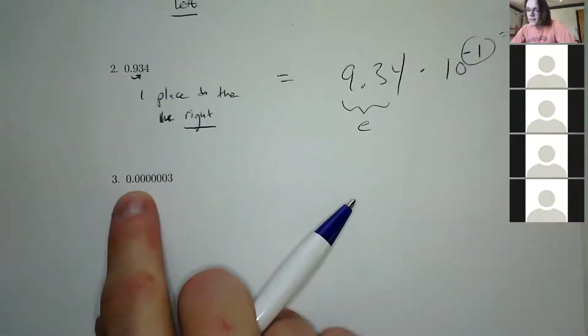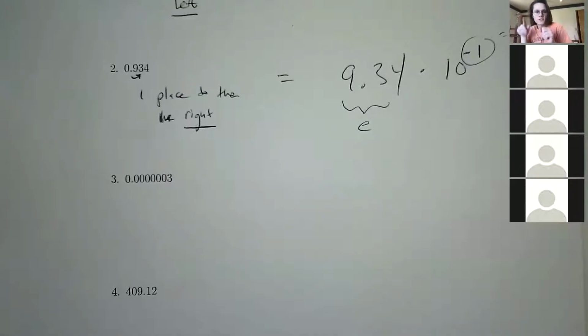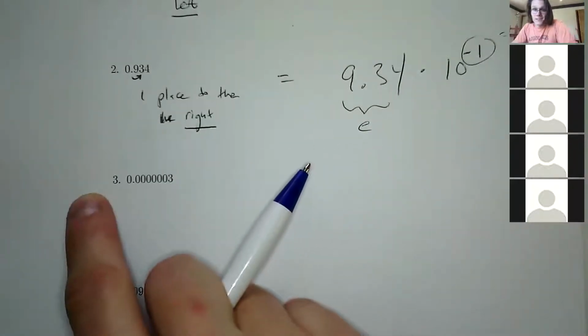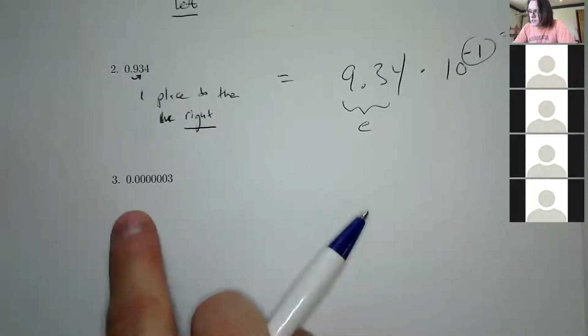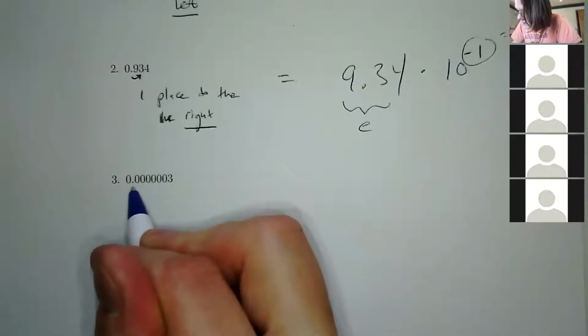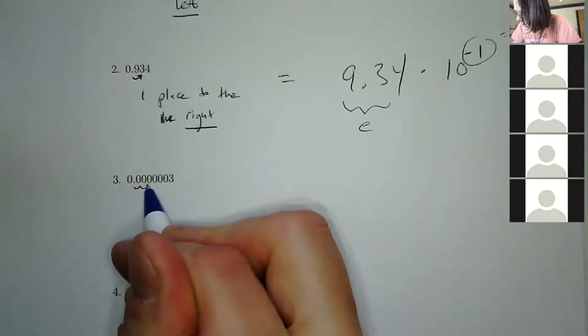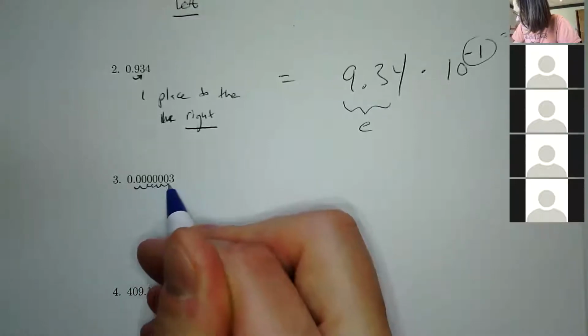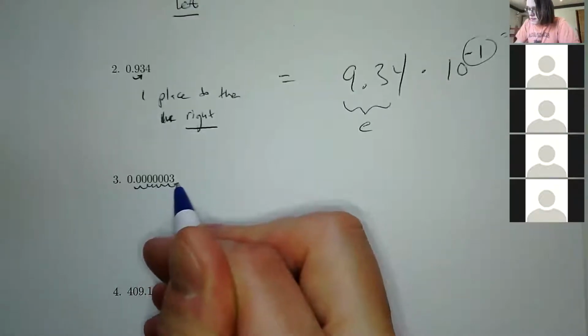So here, again, I want to move my decimal place to the right or the left until I end up with a number between 0 and 9. So here, if I move it to the left, nothing happens. I just get more zeros, right? So I need to move it to the right to get it right after that 3. So let's see, we have 1, 2, 3, 4, 5, 6, 7, I think.